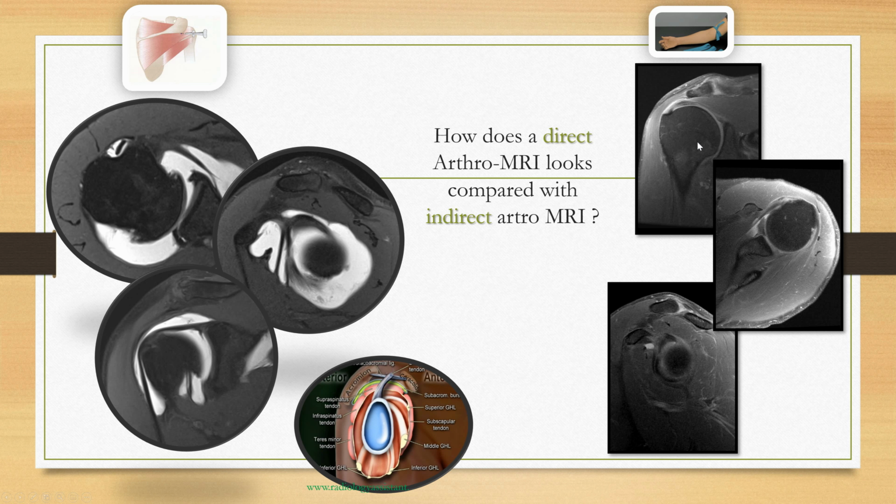Indirect arthro MRI images are not so pretty, but you can see enhancement of the acromioclavicular joint capsule. You see enhancement of the subacromial bursa synovium, and if there is fluid inside the joint, the fluid will enhance and you will better see labrum and cartilage lesions.